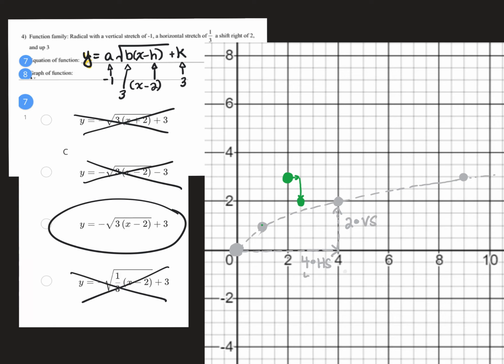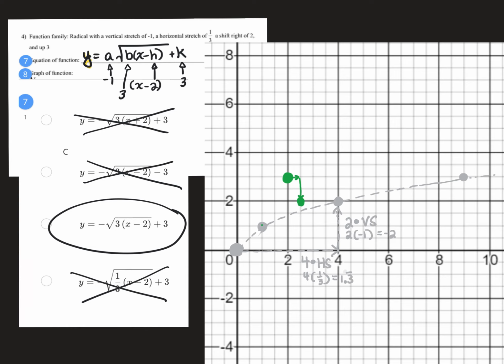So what we're really doing is 4 times 1/3, which is 4/3, sorry, so it's really like 1.3 repeating. And then we're going to do 2 times -1, which ends up being -2. So I'm going to go right 1 1/3 from the vertex.